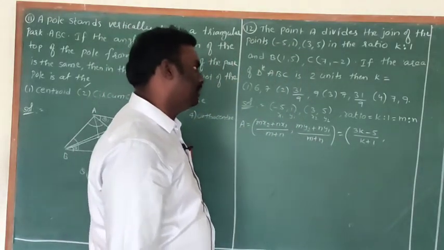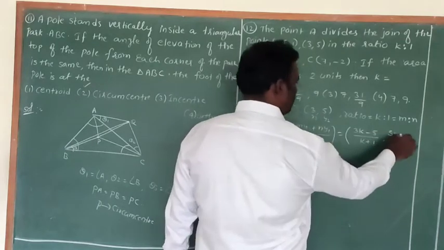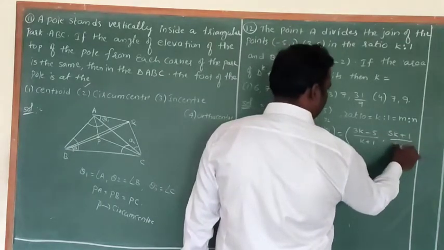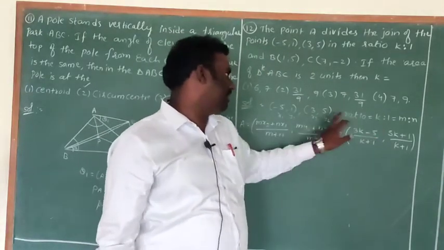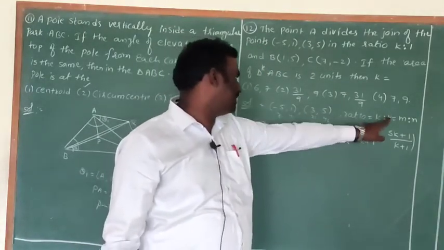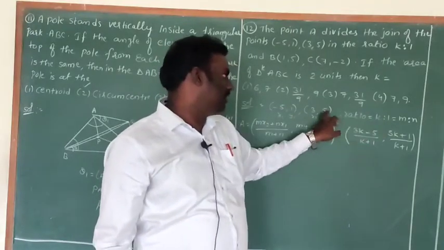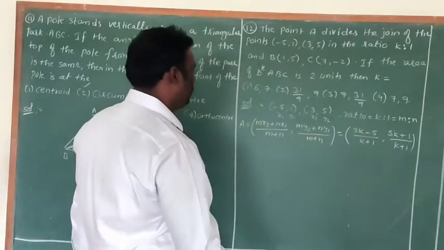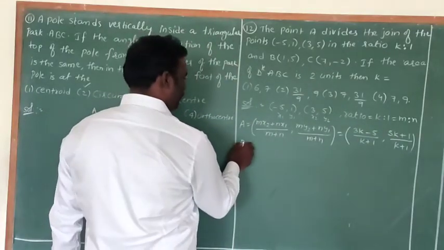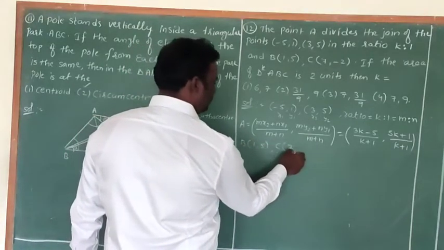Next my2, 5k plus 1 by k plus 1. mx2 is k into 3k plus nx1 is 1 into minus 5 by m plus n. my2 is k into 5 plus ny1 is 1 into 1 by m plus n. And this is A point. B point is given, C point is given.